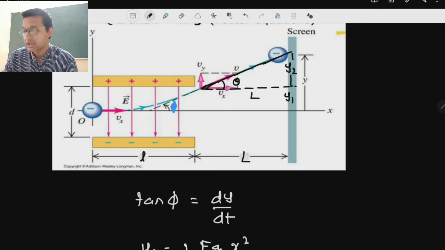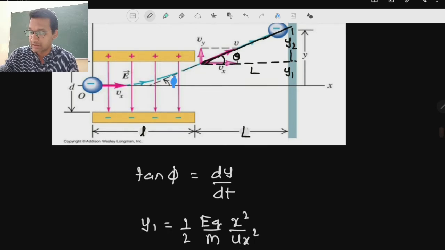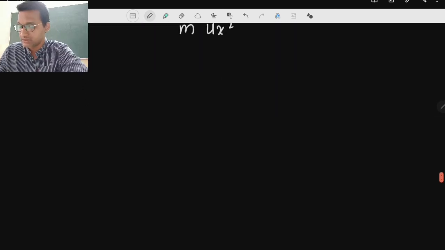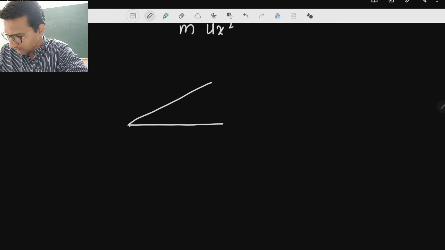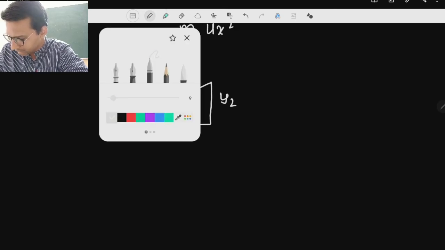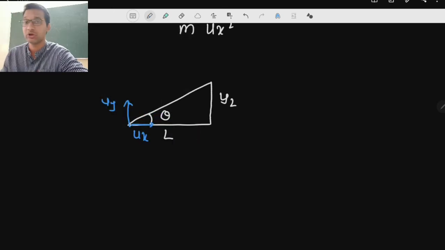This angle will be constant, not changing.